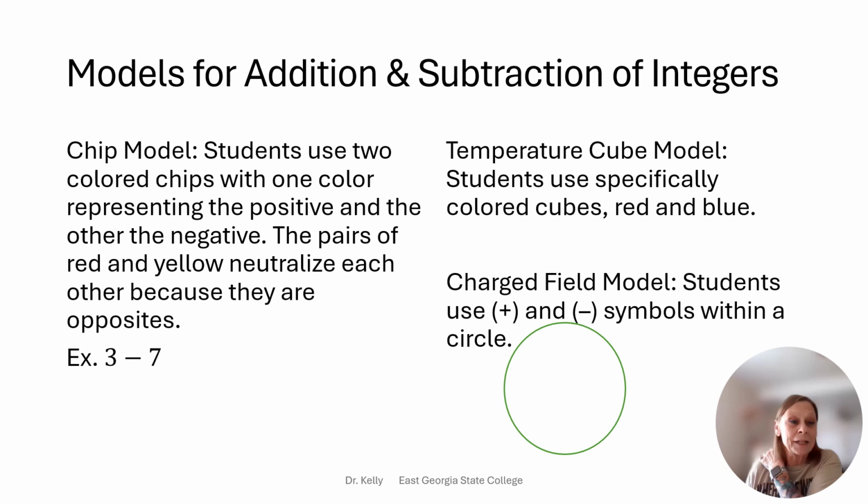So here's the idea. We're going to put in our 3 red chips. So I'm just going to make 3 red circles. And then the chips for our minus, I'm going to use yellow, and there's going to be 7 of them.